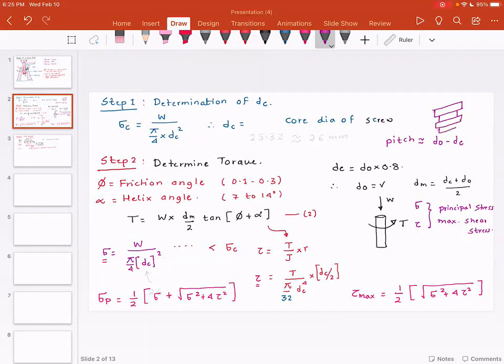It will have a core diameter. It will have an outside diameter.